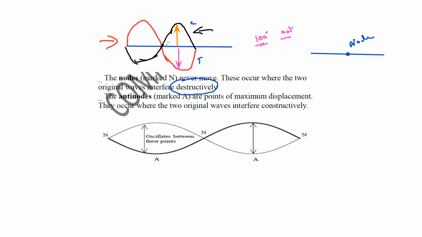But if the two waves are in phase at a certain point, as they combine with each other, they will increase the effect of each other. Like, this is one wave and this one is a second.